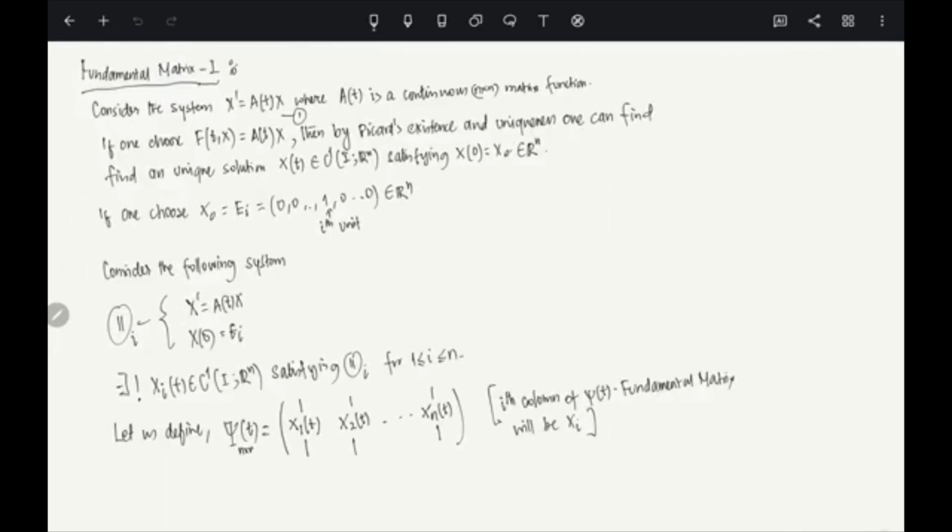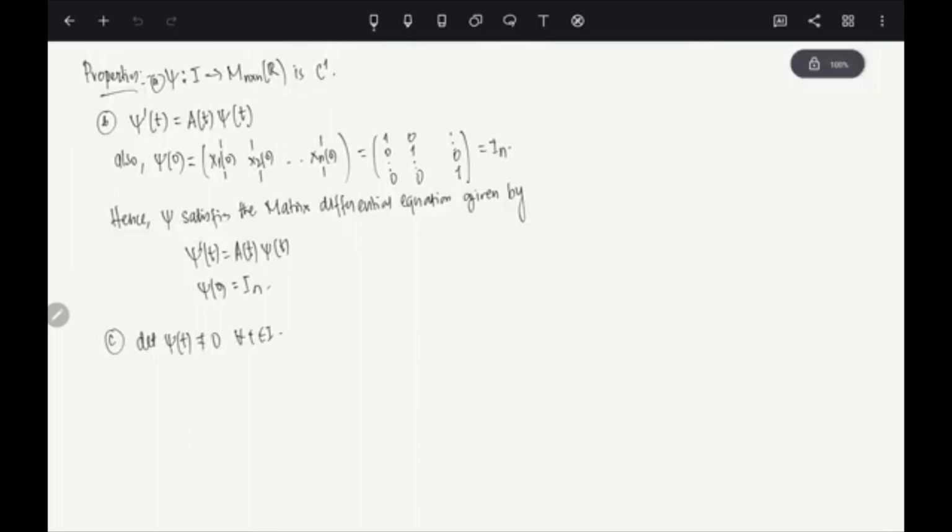Initially, phi at the point 0 is x1 at the point 0, x2 at the point 0, up to xn at the point 0, which is nothing but the identity matrix. In the last video we talked about Abel's formula.